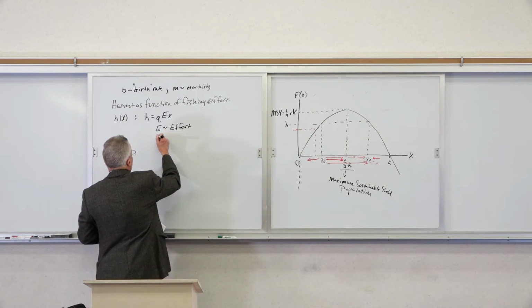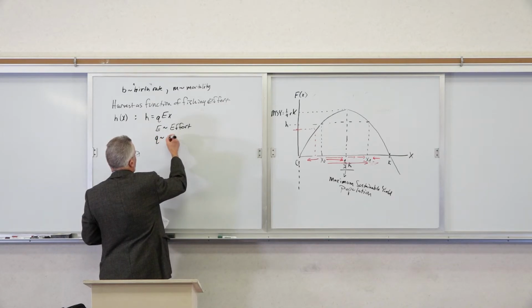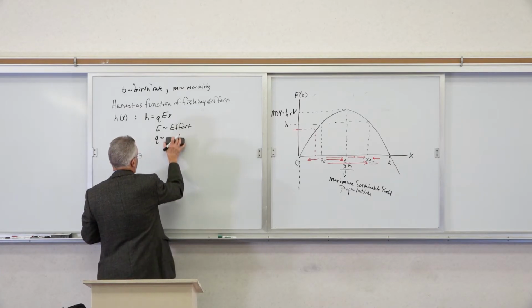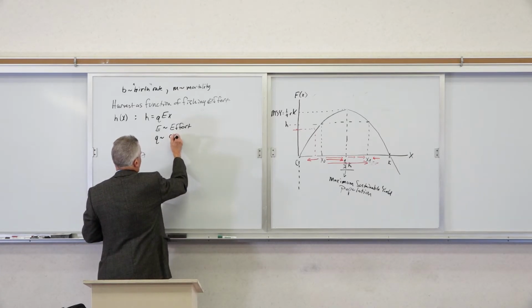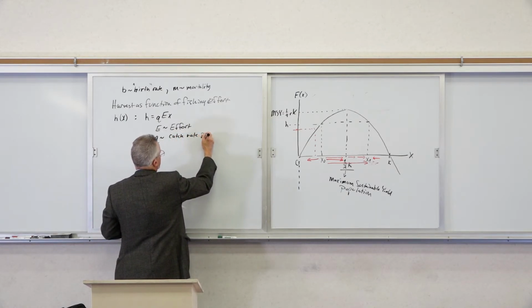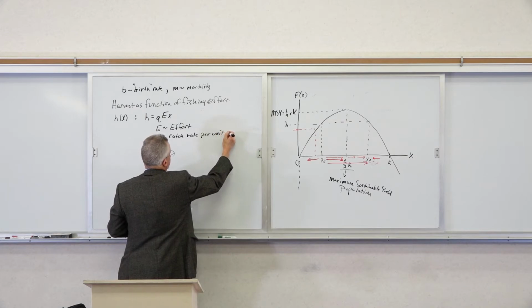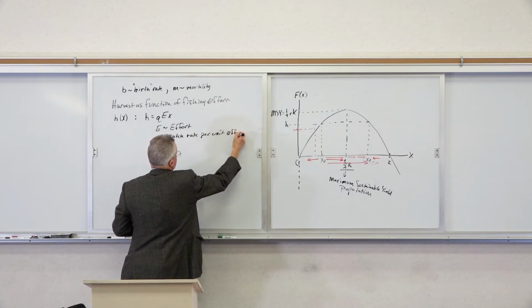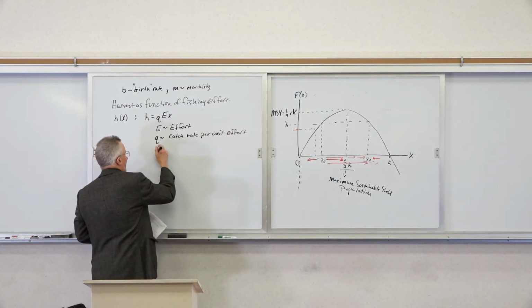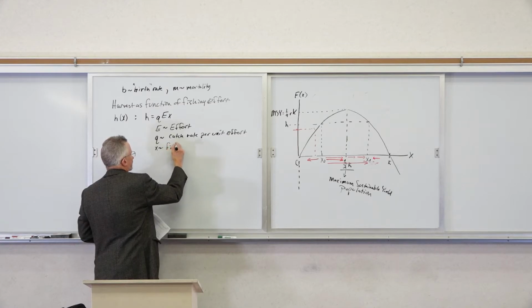Q is what is called the intrinsic catch rate, or we just call it catch rate per unit of effort. Makes more sense. Per unit of effort, labor, whatever we're using. And of course, X is the fish population.